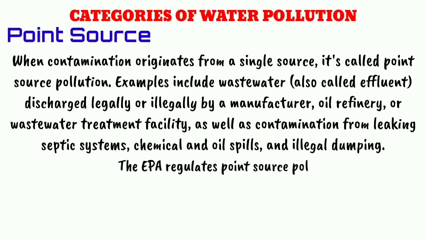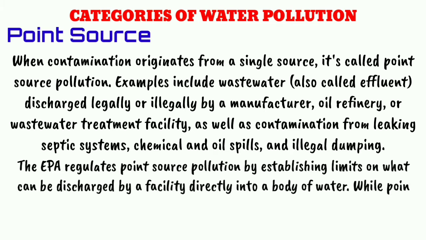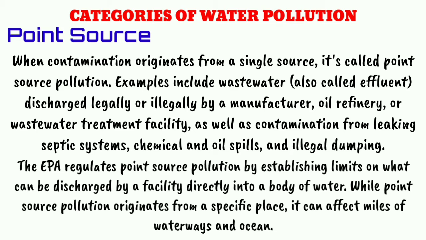The EPA regulates point source pollution by establishing limits on what can be discharged by a facility directly into a body of water. While point source pollution originates from a specific place, it can affect miles of waterways and oceans.